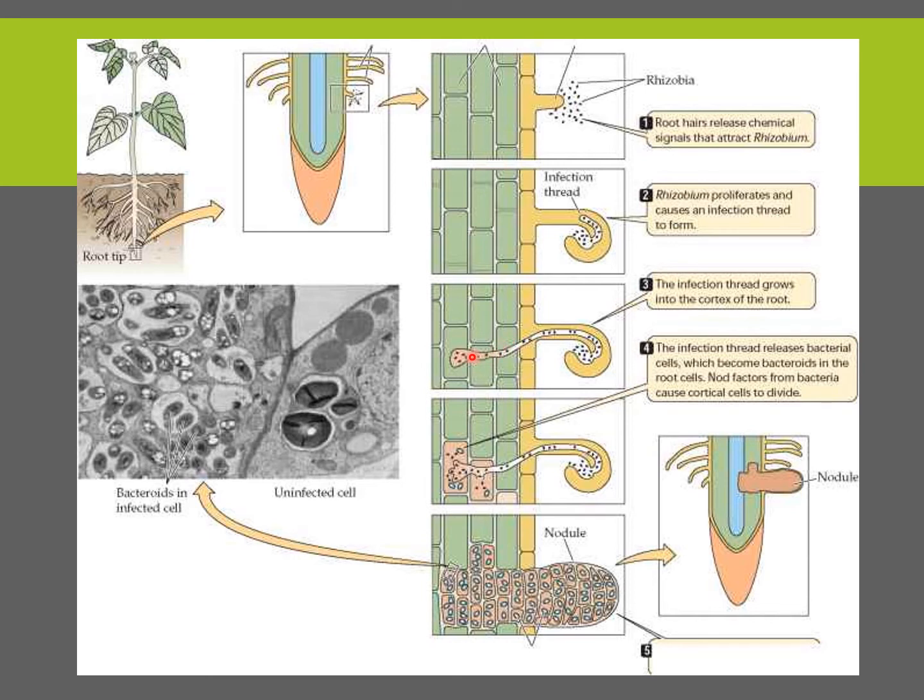So first, recognition of the host, followed by attachment of the bacterium to the root hair. Once it attaches to the root hair, we have formation of this kind of structure which is called the Shepherd's crook. Once the Shepherd's crook structure has been formed, we have formation of the infection thread. Infection thread is basically when the cell wall has been depolymerized and there is a hypha-like structure being formed in the deformed root cells.